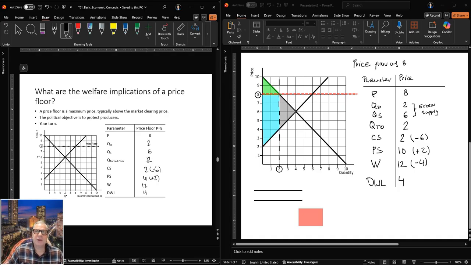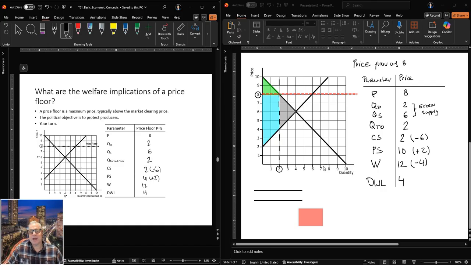Okay, so you see, whenever the government tries to come up with a price which they think is better than the market equilibrium price, that's not going to be in the right direction.